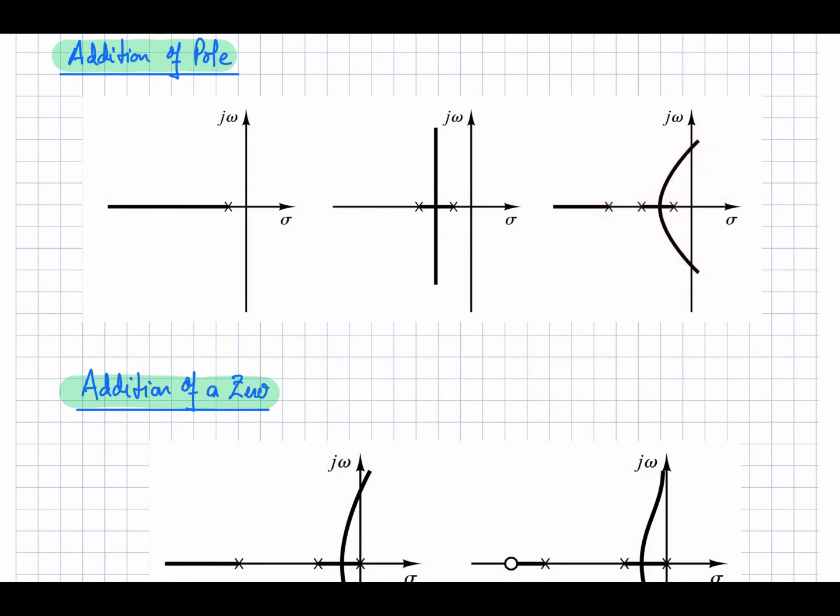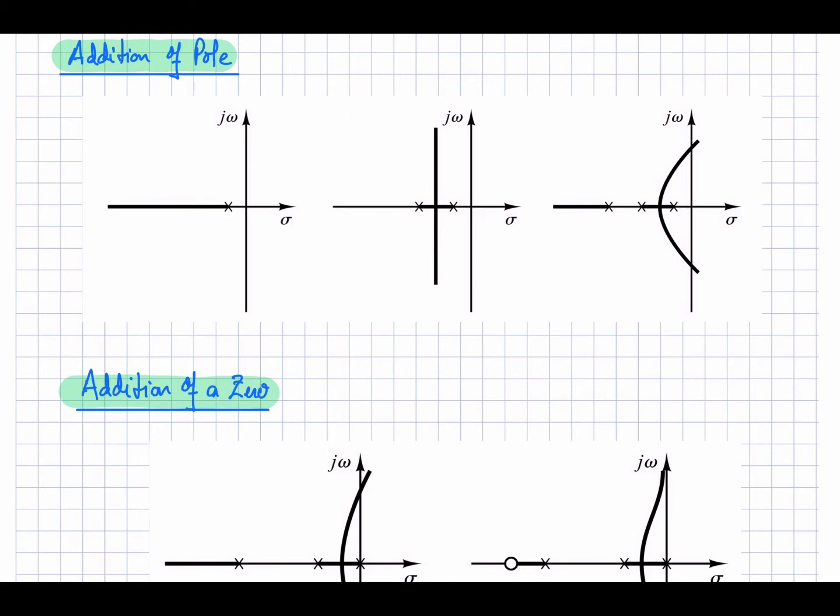So the addition of a pole basically pulls your root locus towards the right. Here you can see it was moving over here, but once you introduce another pole, it has been pulled from here towards the right half plane. And if you introduce another pole, it is pulled further towards the right half plane. So increasing the number of poles moves your system toward instability.